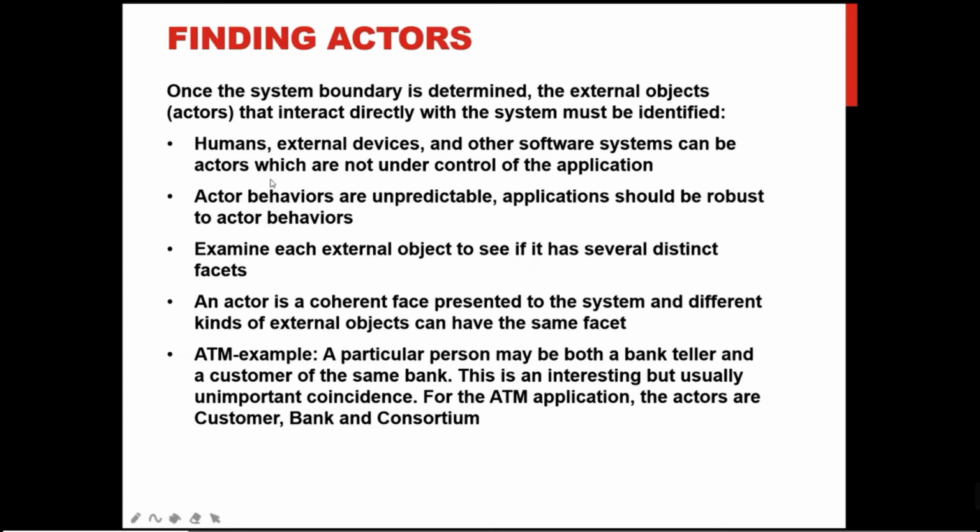You should remember that all of them are not under the control of the application we are developing. Actor behaviors are unpredictable because they are not under the control of the system. So applications should be robust to actor behaviors.